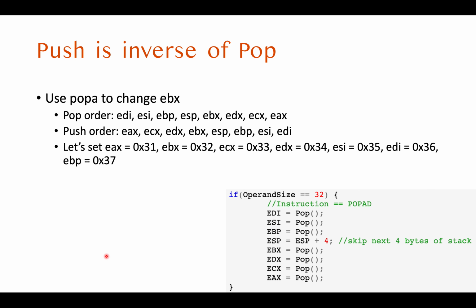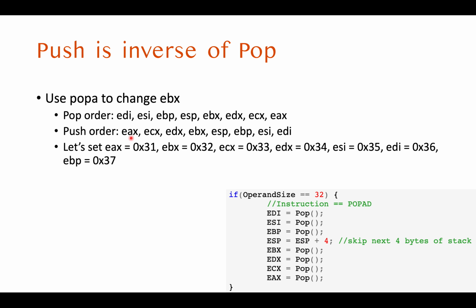And to use that, we need to push register values beforehand because it's popping all registers. And think about the push as an inverse operation of pop. So we just learned about the popping order as EDI, ESI, EBP, ESP, EBX, EDX, ECX, EAX from this pseudocode.